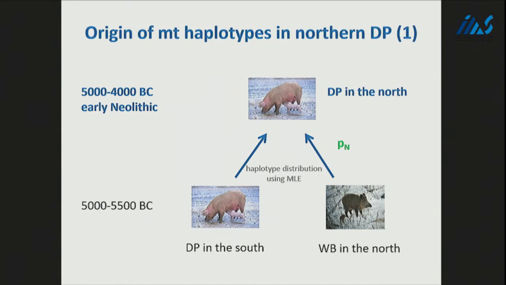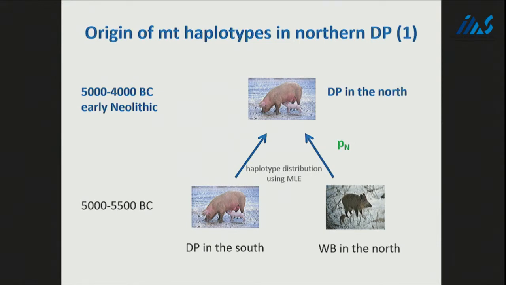And we looked at the domestic pigs in the north and asked ourselves, where did the mtDNA lineages come from? One possibility was they came from the south, because in the south the domestic pigs had been introduced much earlier. Or the alternative is they did their own thing and domesticated local wild boar.